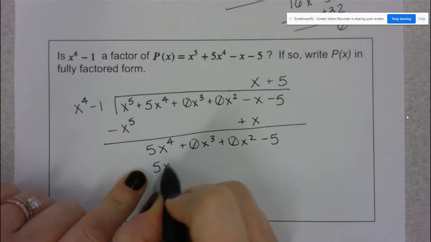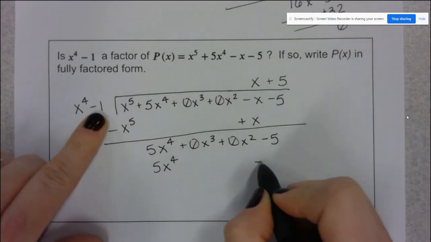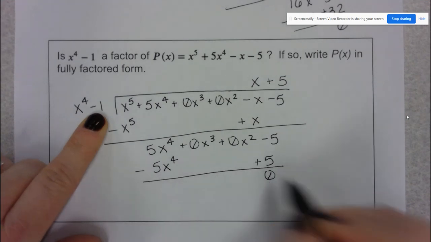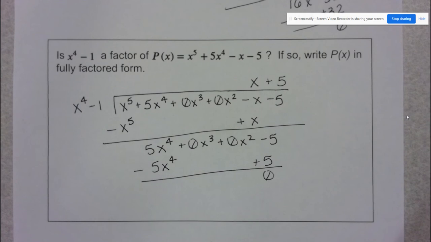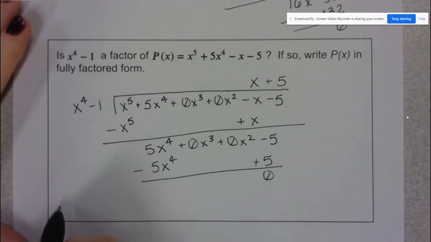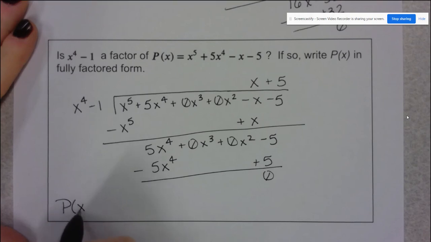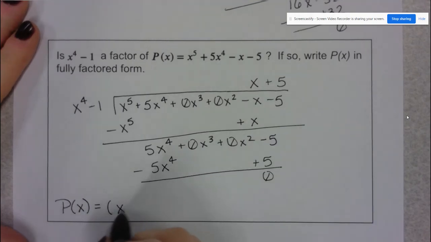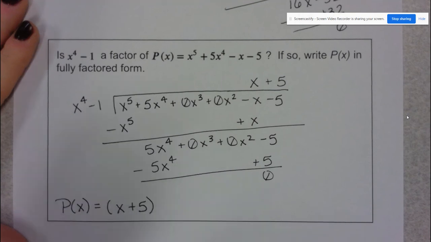So I'm going to have 5x to the 4th minus 5, doing the opposite. It's going to leave me a remainder of 0. So in this case, yes, x to the 4th minus 1 is in fact a factor of the polynomial. So I know that one of my factors is x plus 5.